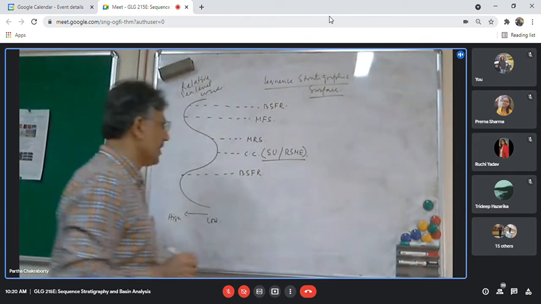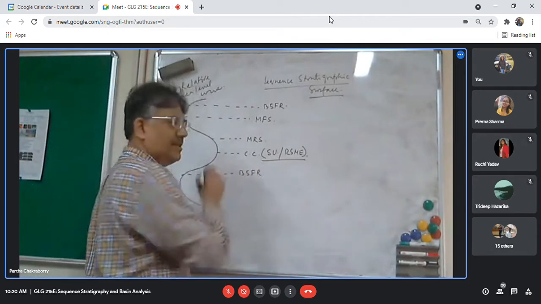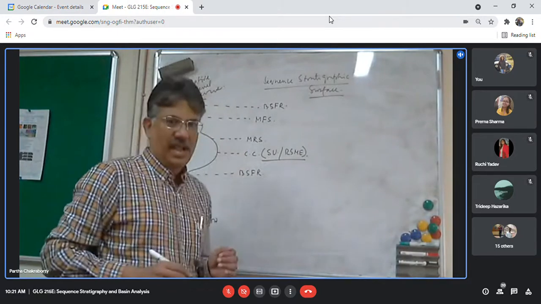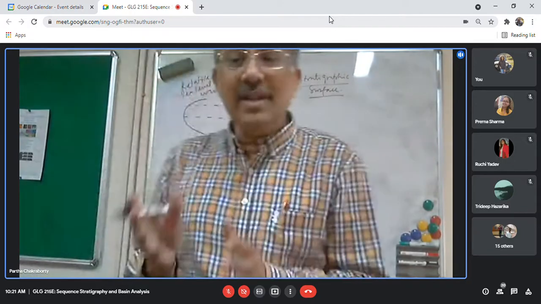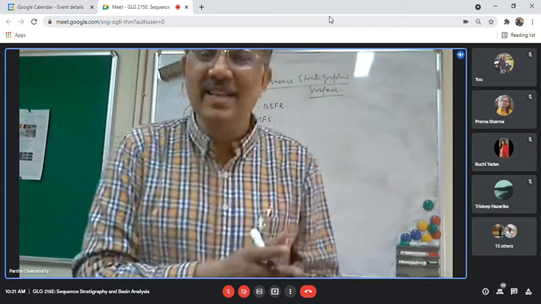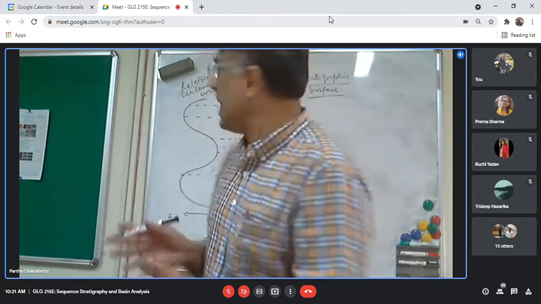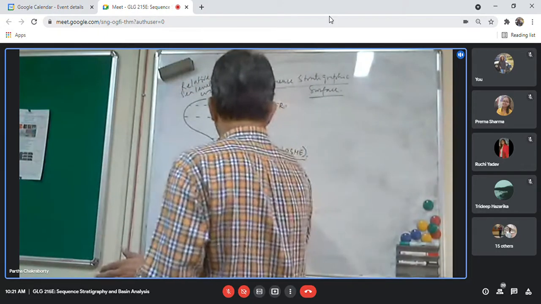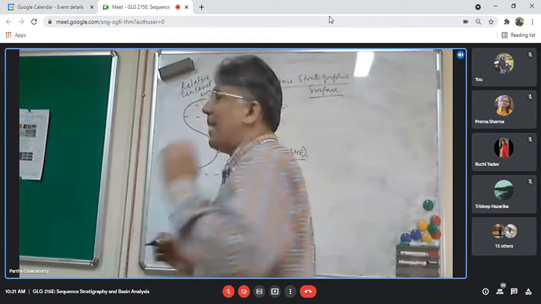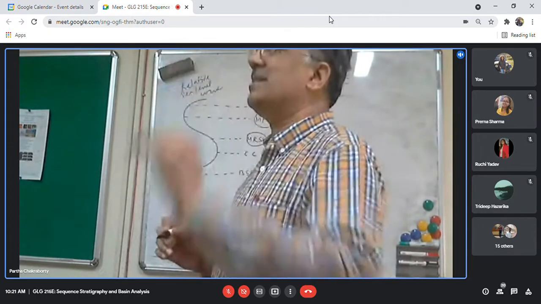Now, these different surfaces are defined, some of them, based on transgression and regression. So some of the surfaces, suppose MRS, MFS, are related to maximum regression and maximum flooding.